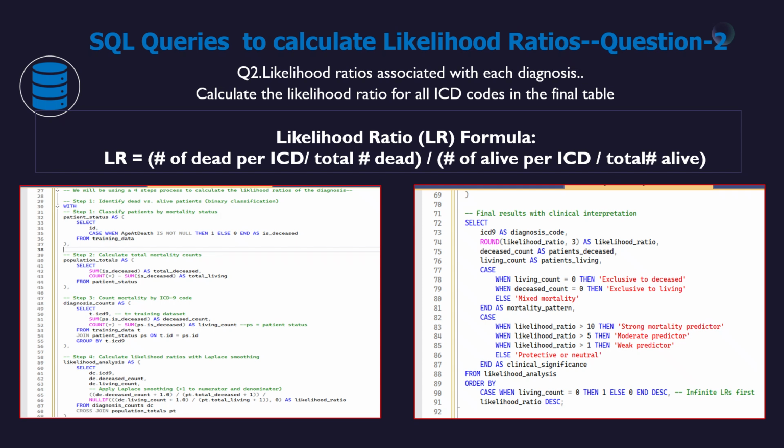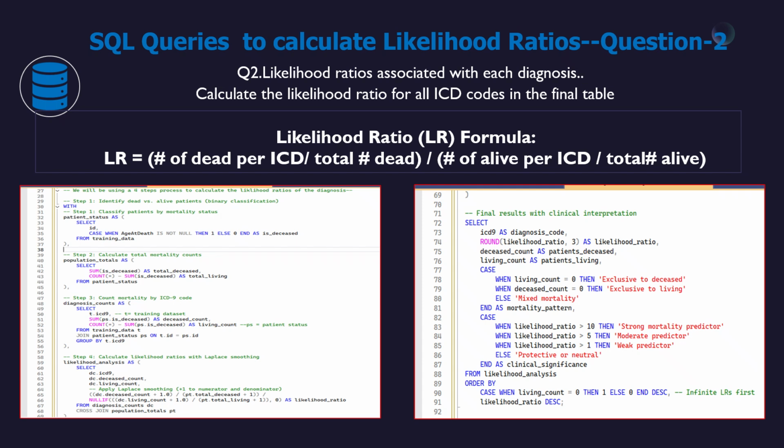And then the third step is pretty much you want to calculate the mortality by ICD-9 code, because it's the numerator in the likelihood calculation. So you have to have that. And how do you do that? You say diagnosis code, you alias that, and then you select the ICD-9 codes from the training data set.